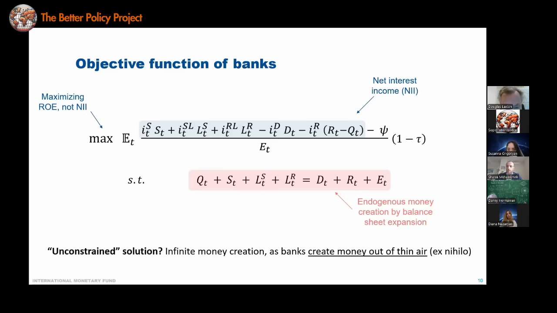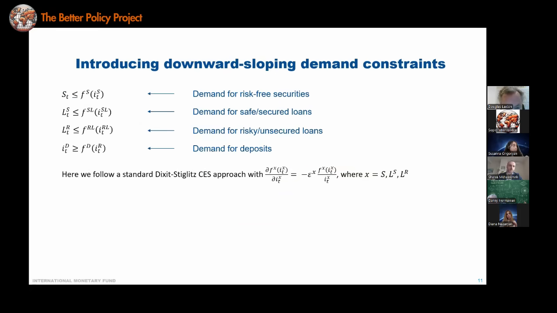And I think the demand constraint is probably the most important constraint. And the way we introduce those is simply adding some constraints to the bank's optimization problem that would create this dependence between the interest rates that banks set and the amount of credit that the rest of the economy would demand.